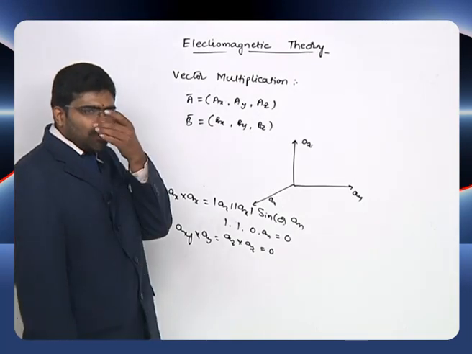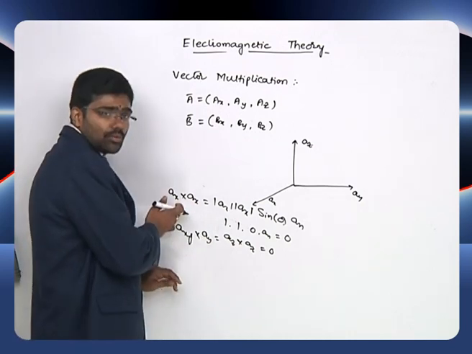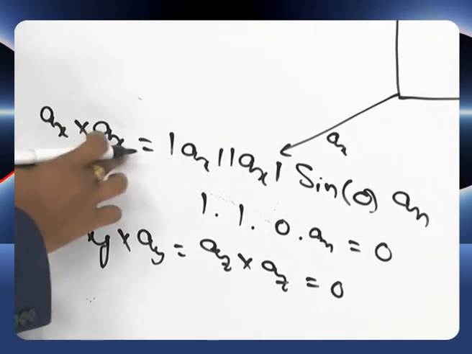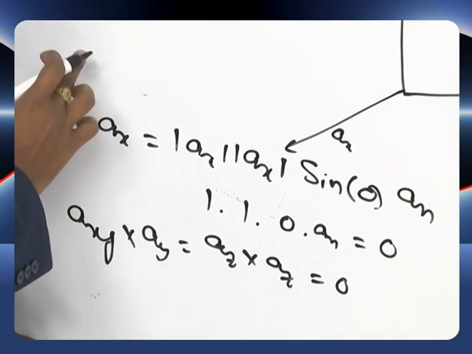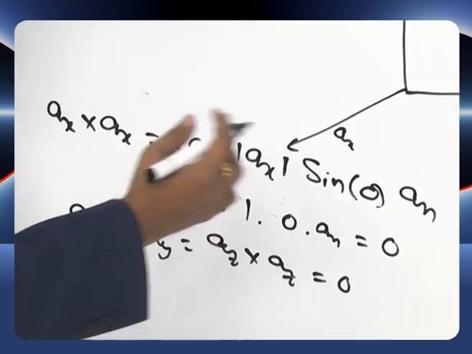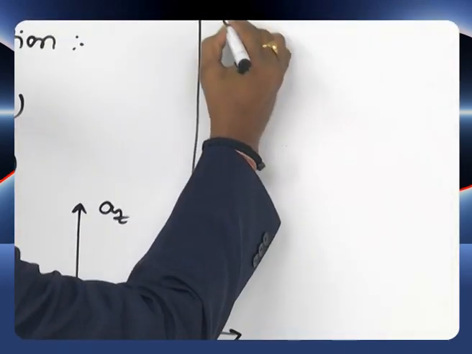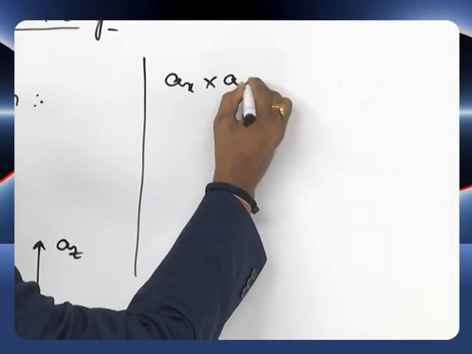If you take two vectors which are in the same direction, whether they are unit vectors or any other vectors, then the cross product will always be 0. Let us take another combination, Ax cross Ay.